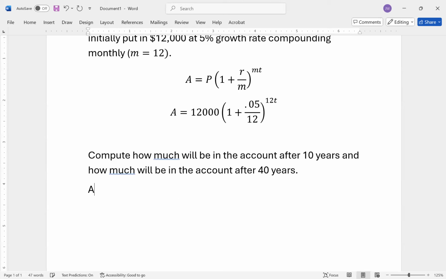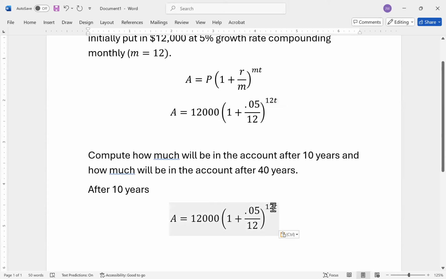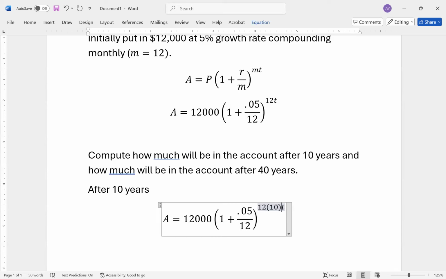So after 10 years, all we have to do is take this equation and plug in a 10 for my value of t. Now, this is one thing you have to be careful of when you're plugging this into your calculator. 12 times 10 needs to be calculated before we take the exponent.